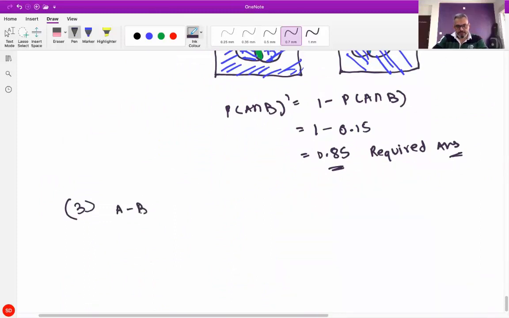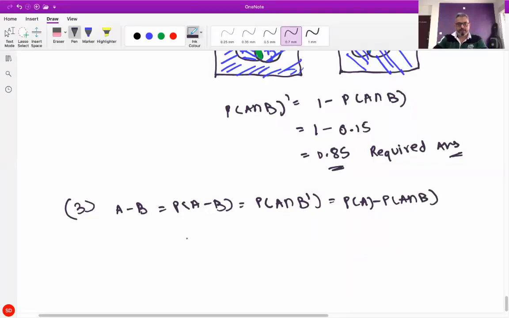A minus B: we have to find probability of A minus B, which is equal to probability of A intersection B complement, which is probability of A minus probability of A intersection B, which is equal to probability of A is 0.6 minus A intersection B is 0.15. So probability of A minus B is equal to 0.45.